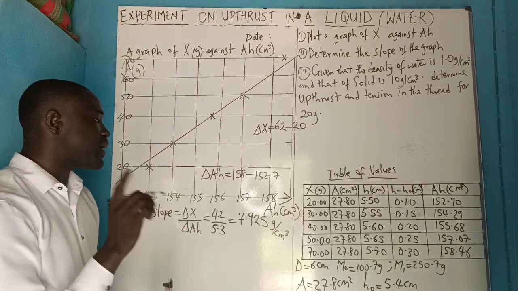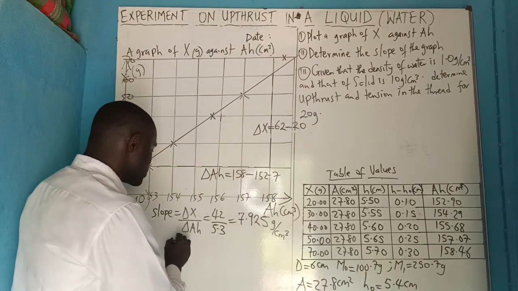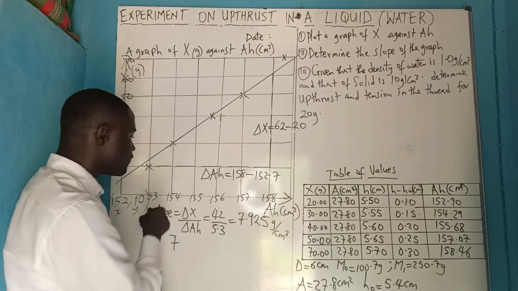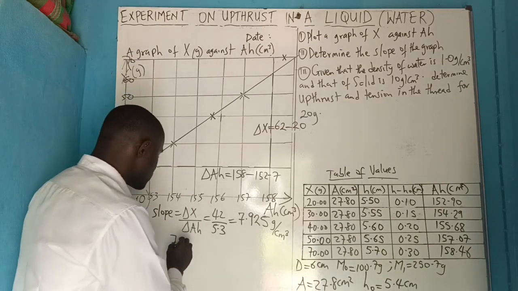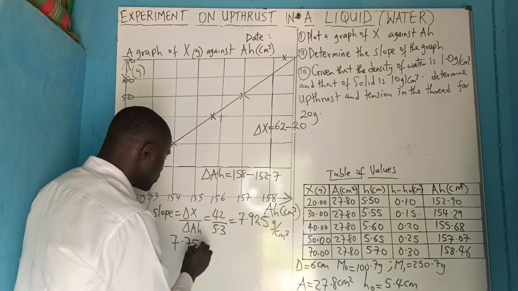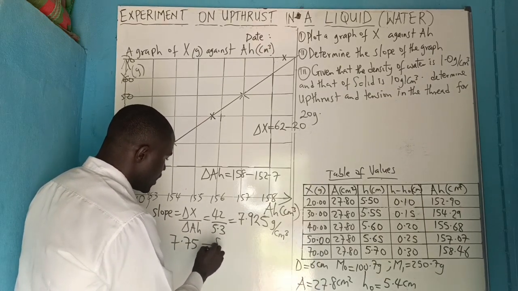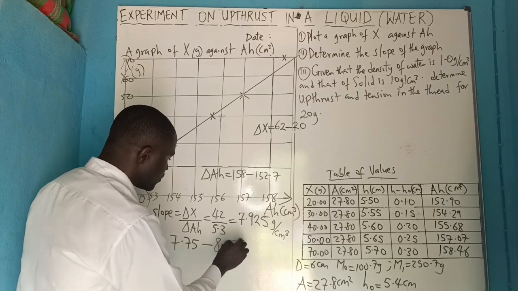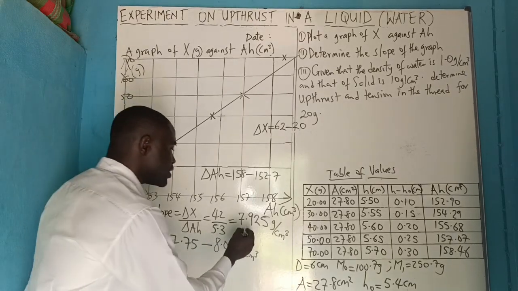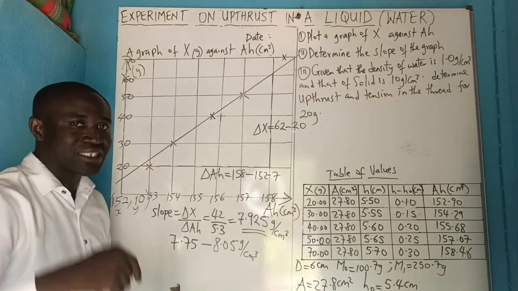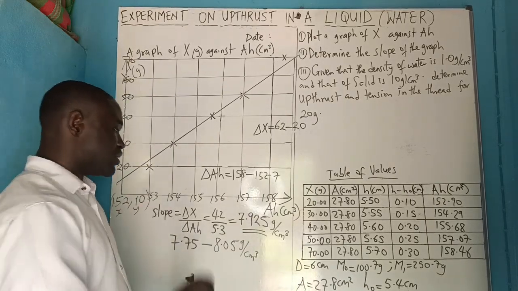Remember, in the starting part of the video, we said that the slope, or the density of steel, ranges from 7.75 to what? 8.05 gram per cm. So you now see that this will be taken to be the density of that steel.